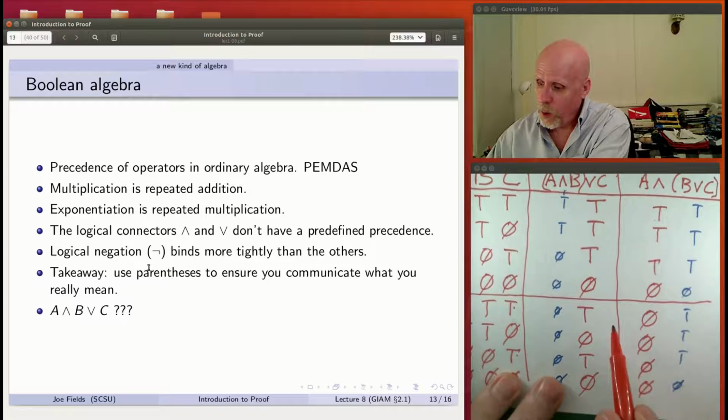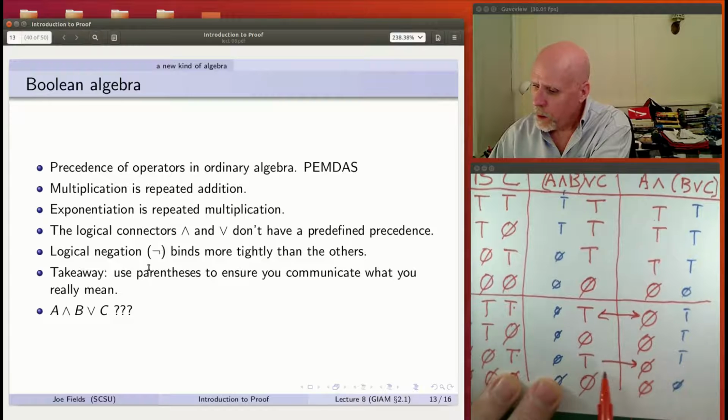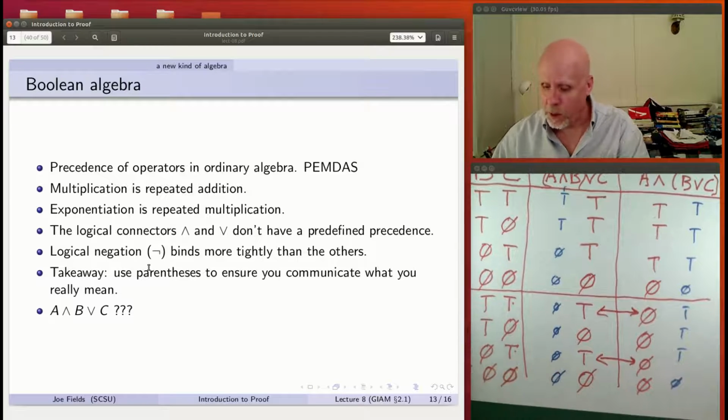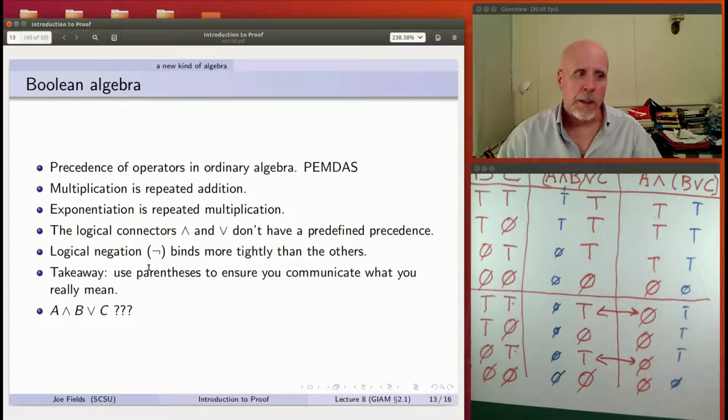In one alternate universe right here, one's true and the other's false. And in another one right here, one's true and the other's false. They agree in a lot of positions, but not every position. So you can't say they have identical truth content. Okay, so that's a pretty discursive take on A and B or C.